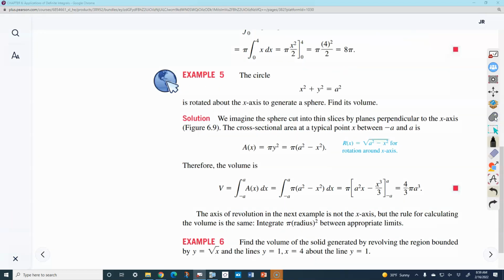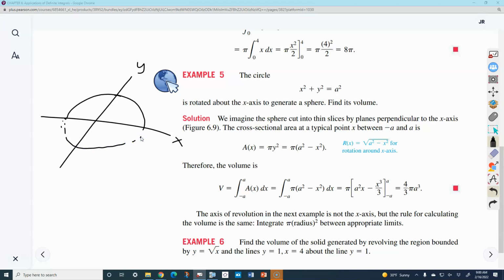All right, so this is kind of how I'm thinking about it. This is x, y. So this thing is revolving around like that.